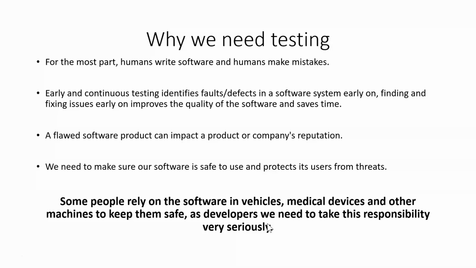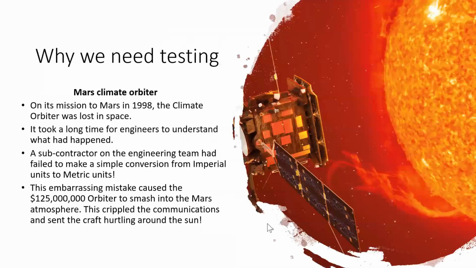A flawed software product can and does impact a product or a company's reputation, and we need to make sure that any software that we write is safe to use and protects its users from any threats. So some people rely on software in vehicles, medical devices, and other machines, and all of these will keep them safe. So as developers, we do need to make sure that we take this extremely seriously, and if we say something's going to do something, that it actually will.